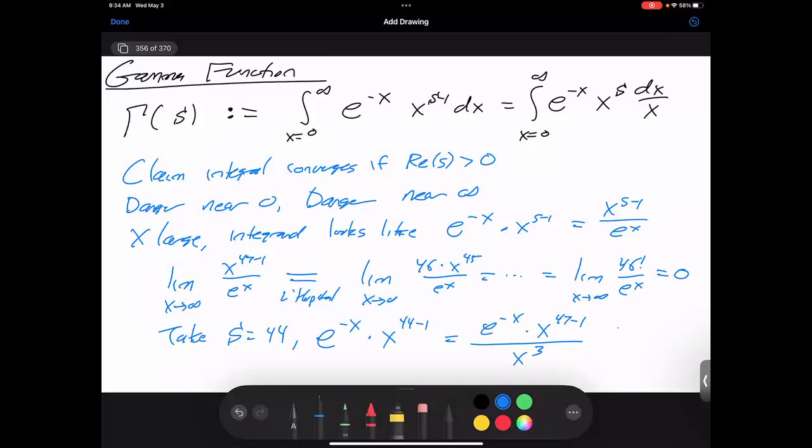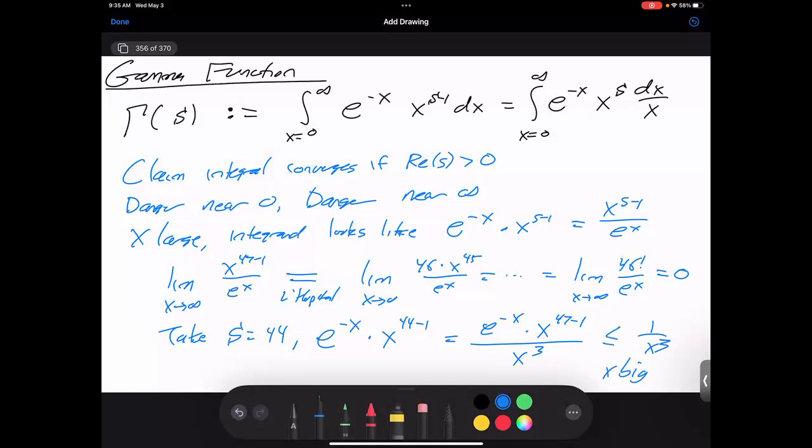And this will be less than or equal to 1 over x cubed if x is big. So this means it's going to decay fast enough. 1 over x cubed, that's integrable. So this is one way to show that the function is integrable, I'm using essentially a comparison test.